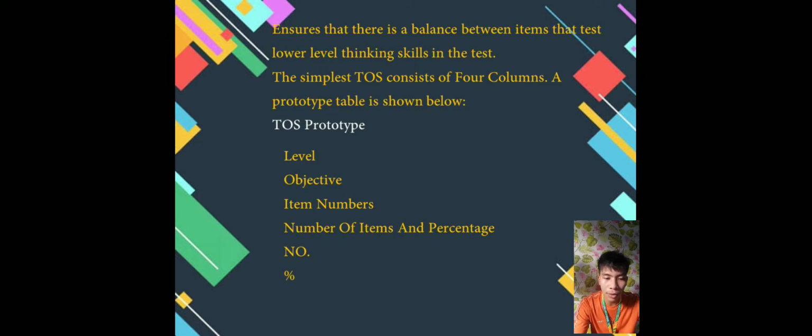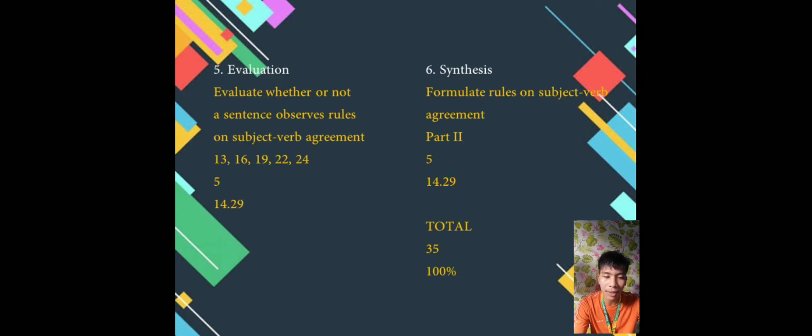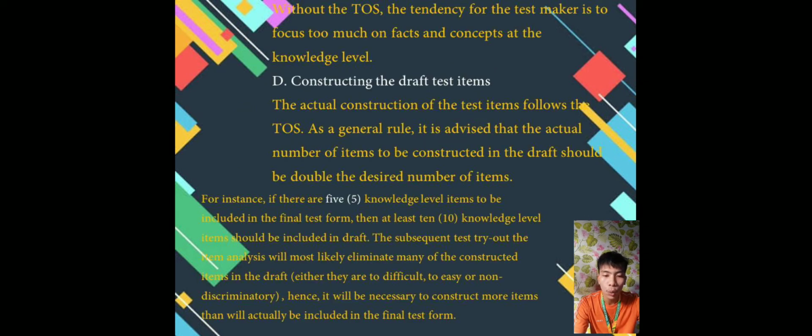So I'm going to show the TOS prototype: knowledge, comprehension, application, analysis, evaluation, and synthesis. Without the TOS, the tendency for the test maker is to focus too much on facts and concepts at the knowledge level.